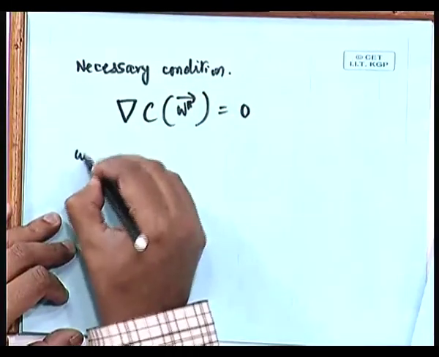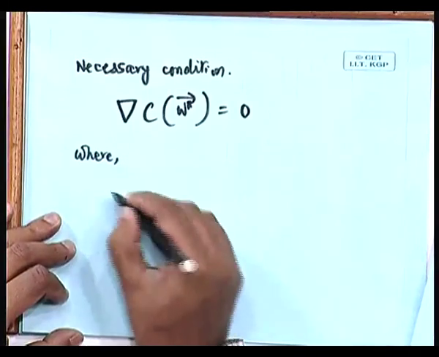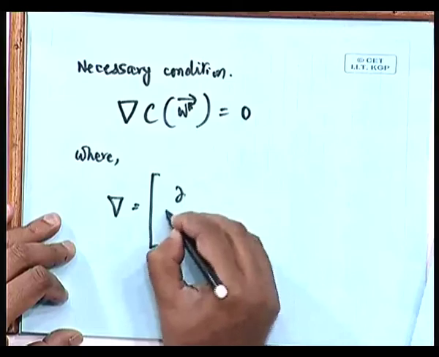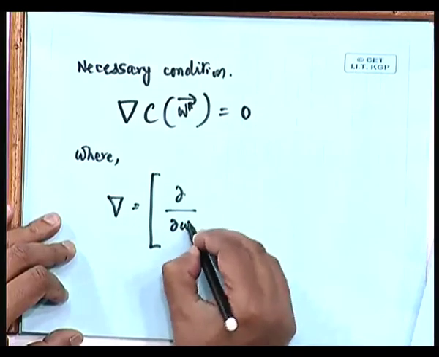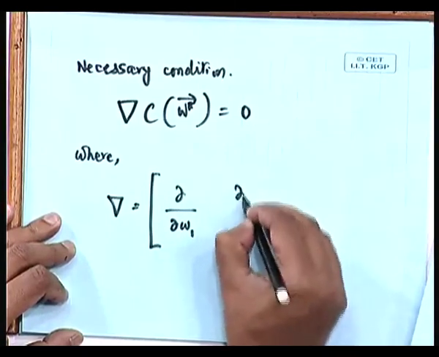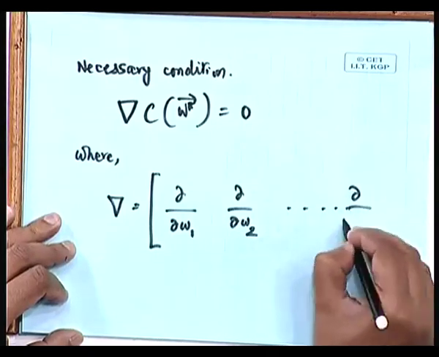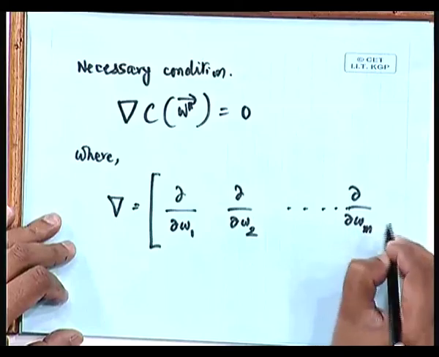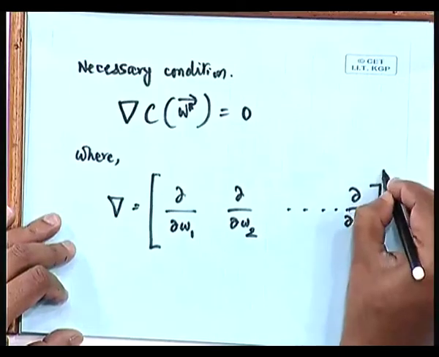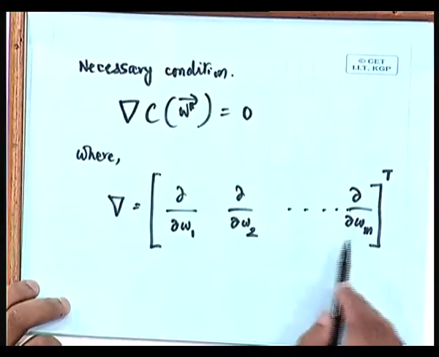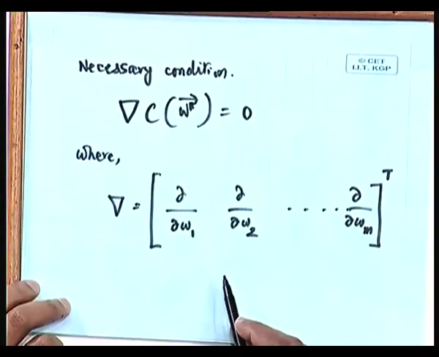Where, what is the gradient operator? The gradient operator will be defined as del del W1, del del W2, up to del del Wm, where we are considering an m dimensional vector, and because we are writing it as a row vector, we just indicate it with a transpose.